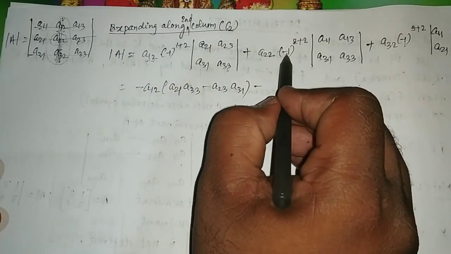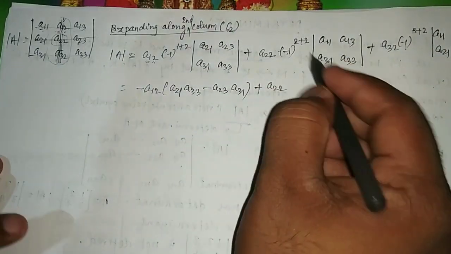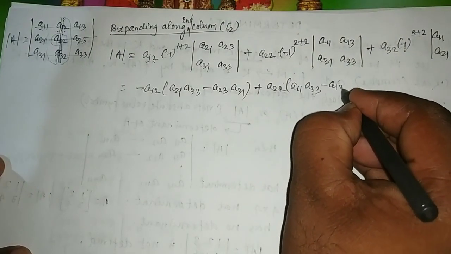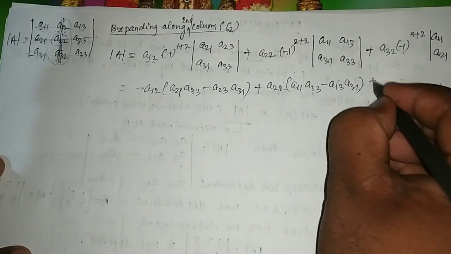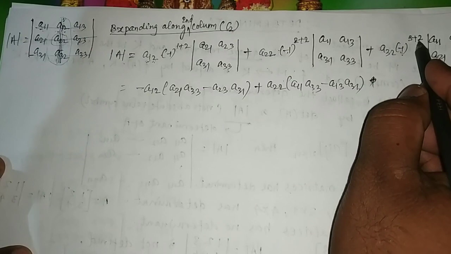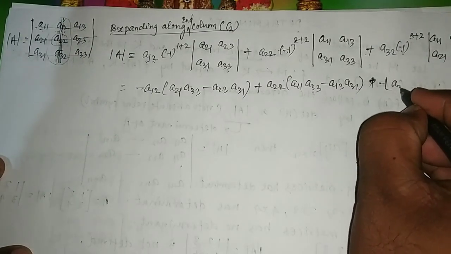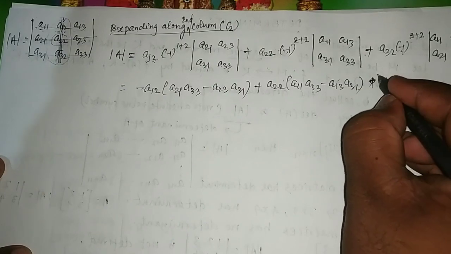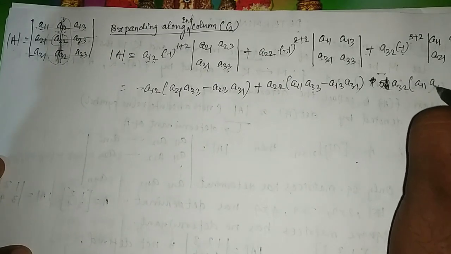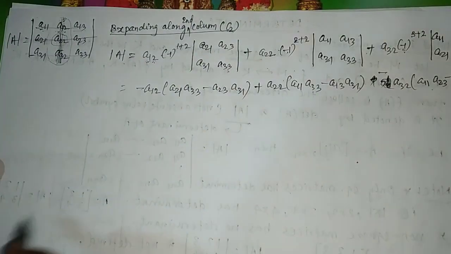Here minus 1 to the power 2 plus 2 is 4, so it is plus 1, so plus A22 times, expand it, A11 A33 minus A13 into A31, plus, look at here, minus 1 to the power 3 plus 2 is equal to minus 1, so plus of minus 1 equal to minus A32, and expand it A11 into A23 minus A13 into A21.